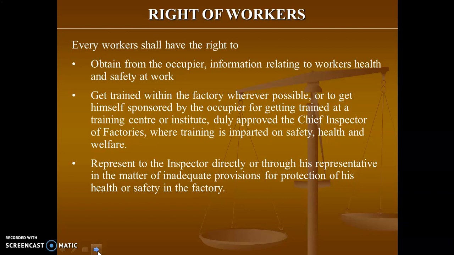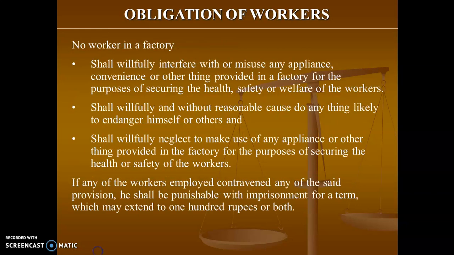The worker has to get proper training, given by the occupier with a proper training center, and training related to safety, health and welfare has to be approved by the chief inspector.